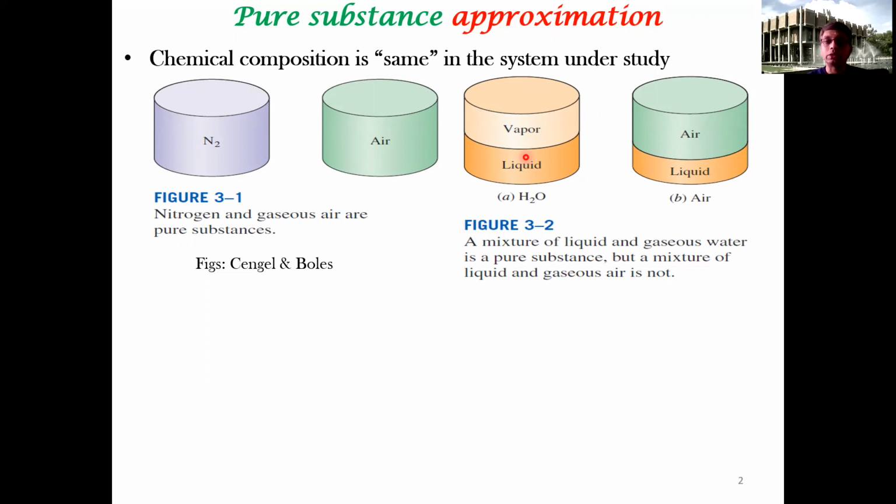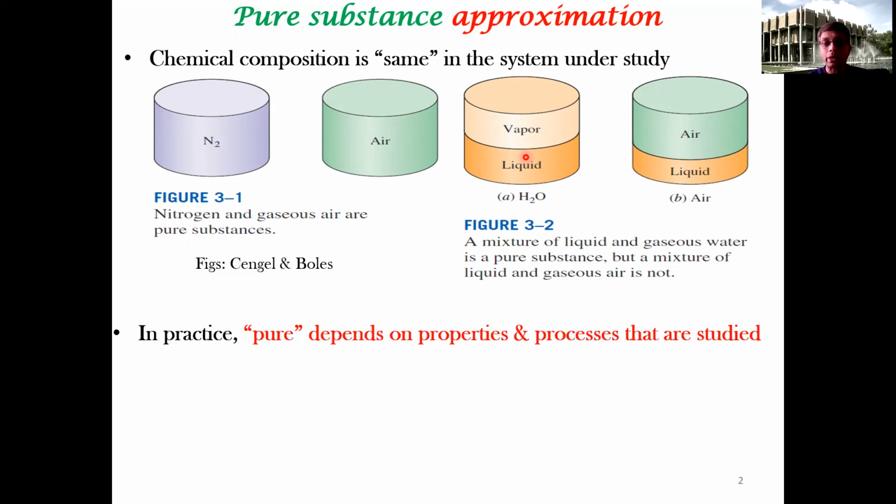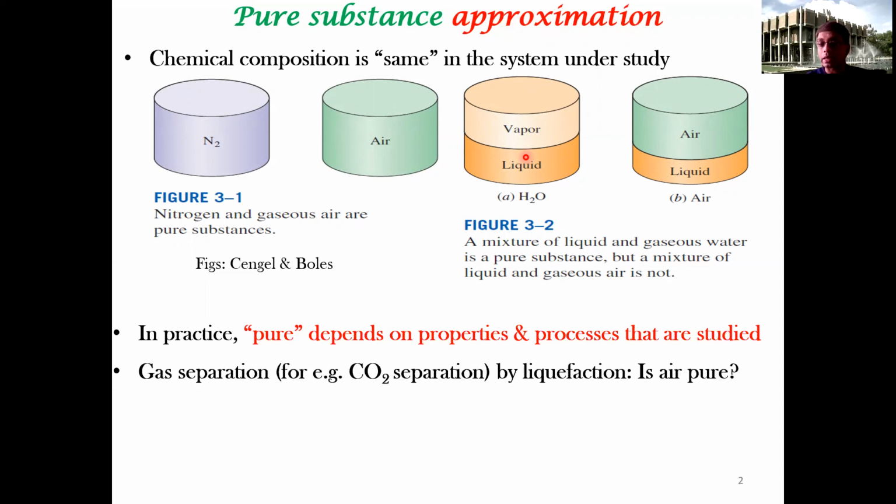What I would suggest is, in practice, the pure substance depends on the properties and the processes that we are going to study. For example, if you're looking at gas separation, for example CO2 separation from an exhaust coming out of a thermal power plant, by the definition of the textbook that might be considered a pure substance.